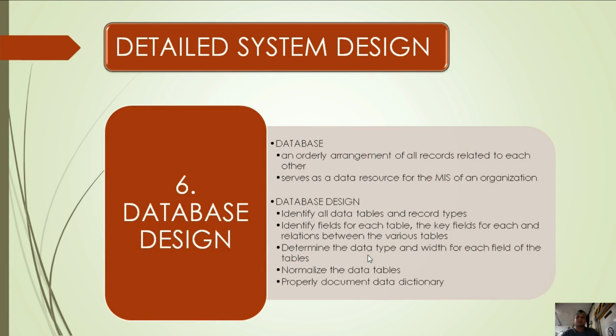Number 6, database design. A database is an orderly arrangement of all records related to each other. It serves as a data resource for the MIS of an organization. The database design should identify all the data, tables, and record types, identify fields for each table, the key fields for each, and relations between the various tables, determine the data type and width for each field of the tables, normalize the tables, and then properly document the data dictionary.